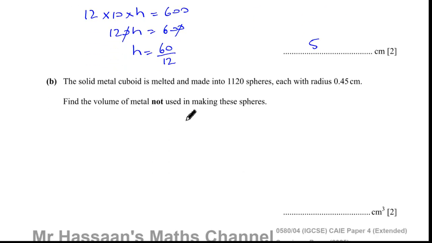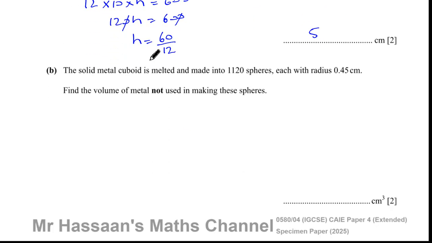Now part B, it says here, the solid metal cuboid is melted and made into 1,120 spheres, each with radius 0.45 centimeters. Find the volume of the metal not used in making these spheres.